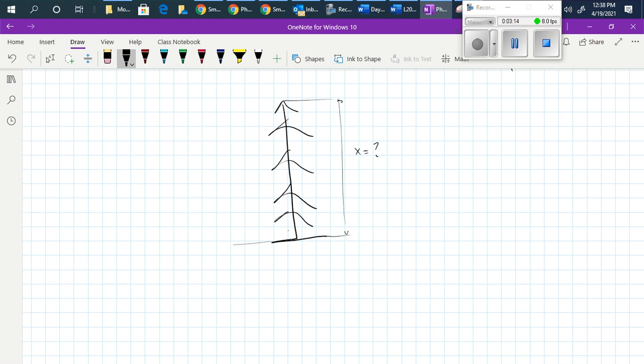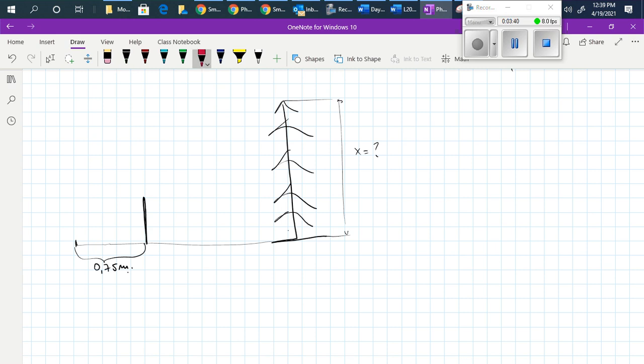In order to figure out the height of the tree, we put a meter stick at a certain distance, perpendicular to the ground, and then we measure this one here, and let's suppose that for our purposes this is 0.75 meters.